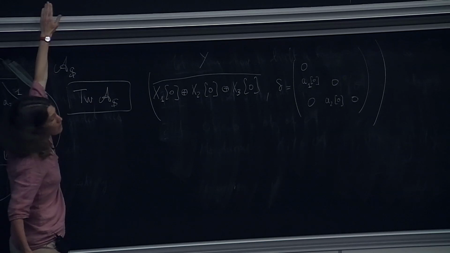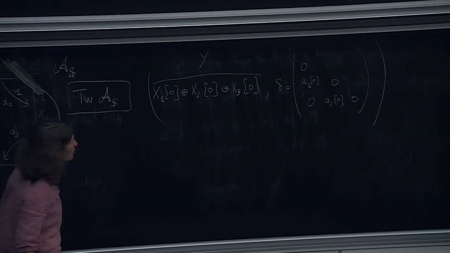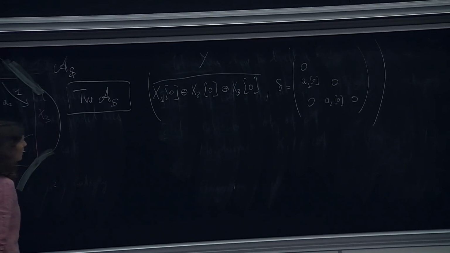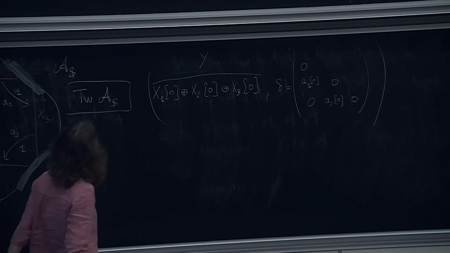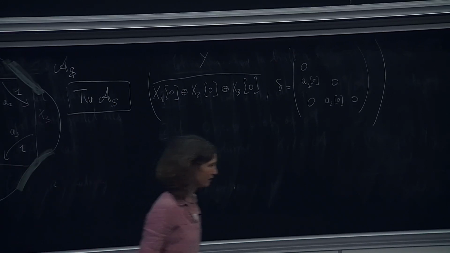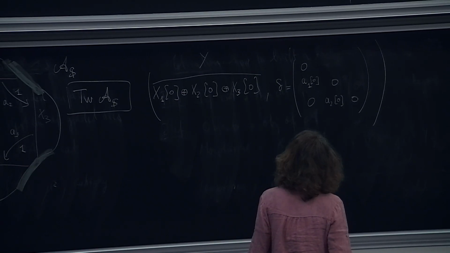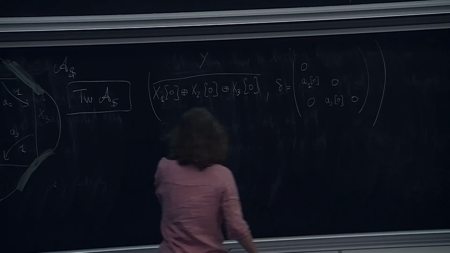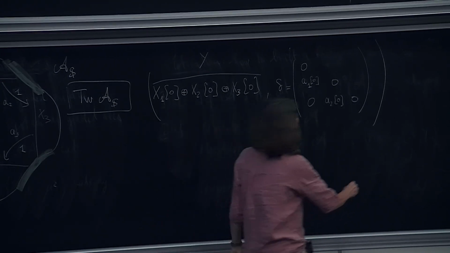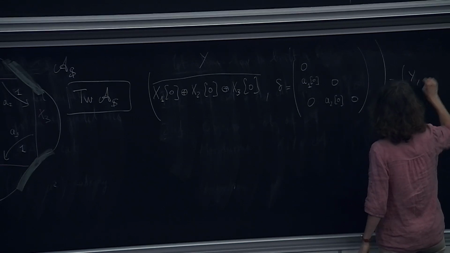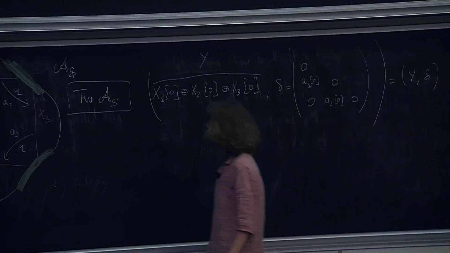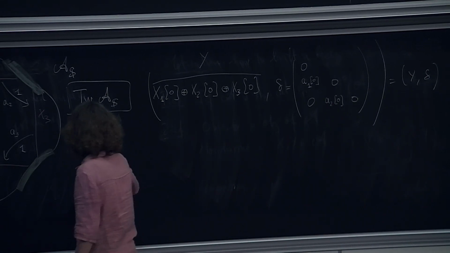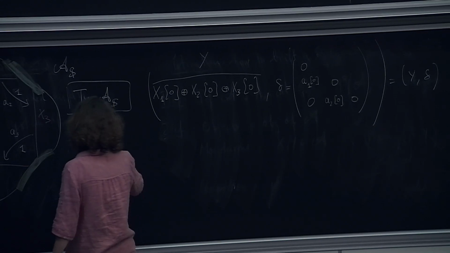So that's okay. It fits, and I get a strictly lower triangular matrix here. And well, this condition I don't check, but this is somehow clear that this would be 0. Okay. So I have this object. So this is my y delta. Now I consider another object, which also is in my category.